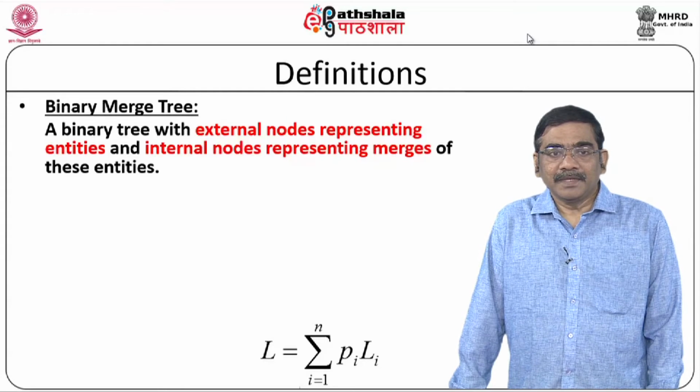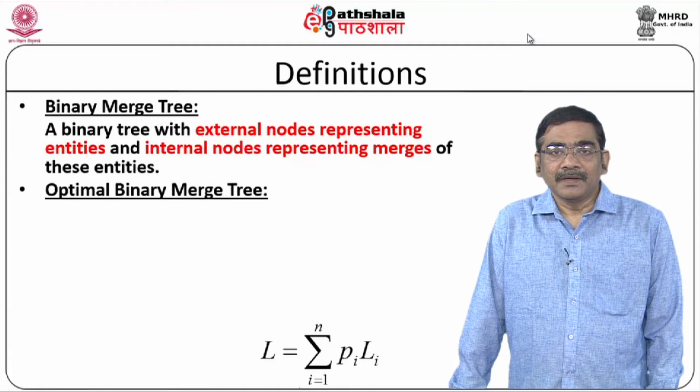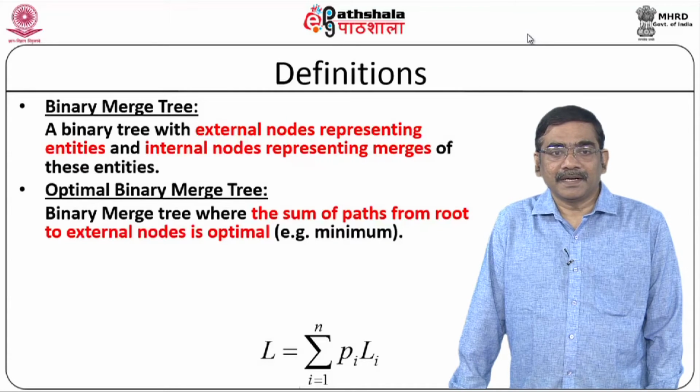In the binary merge tree we will have external nodes and internal nodes. External nodes represent entities like files and the internal nodes represent the merges of these entries. Our objective is to generate an optimal binary merge tree, which can be defined like this.